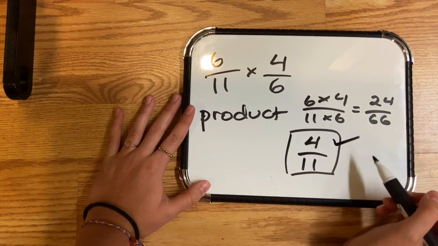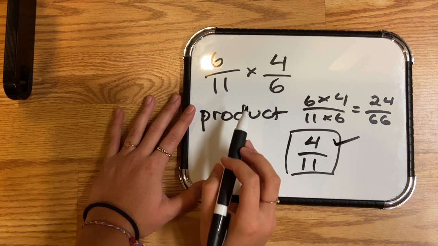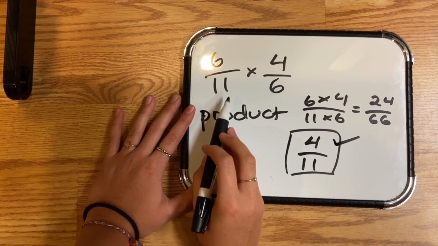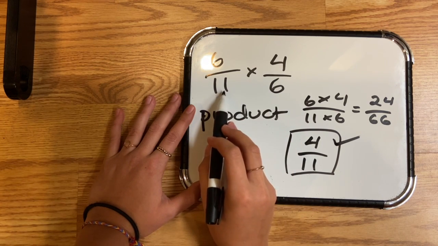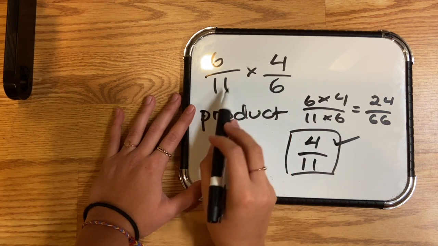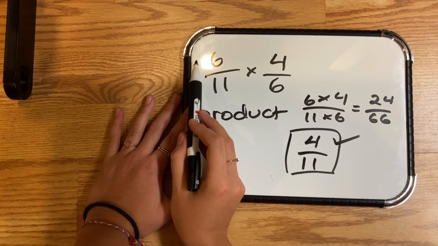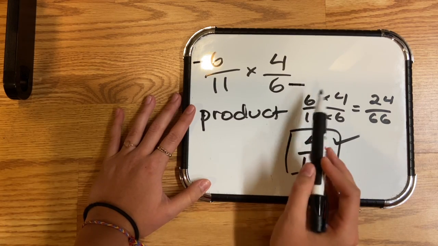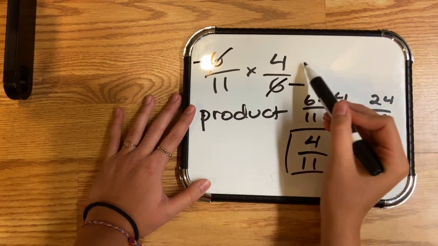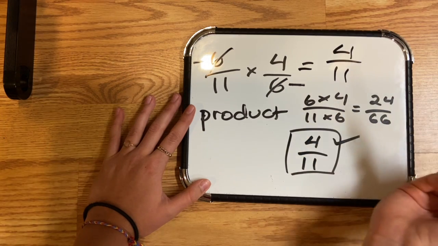So hey, this is great. But if this looks familiar, that's because it is. If you look at the original problem, you can say, hey, 4/11ths. We already had that answer. And that's because when you have the same number in the numerator of one fraction and the denominator of the other fraction, you can just cancel them out and say, hey, the product is 4/11ths. Awesome, right?